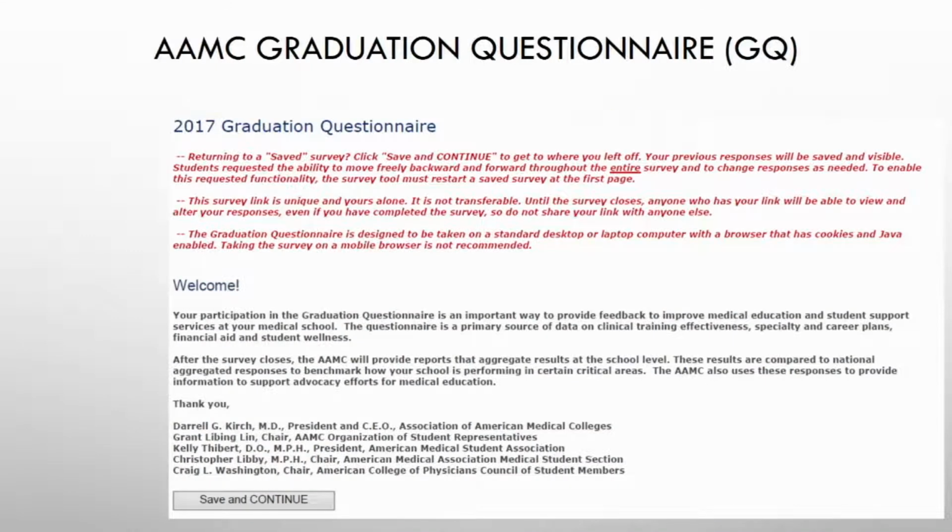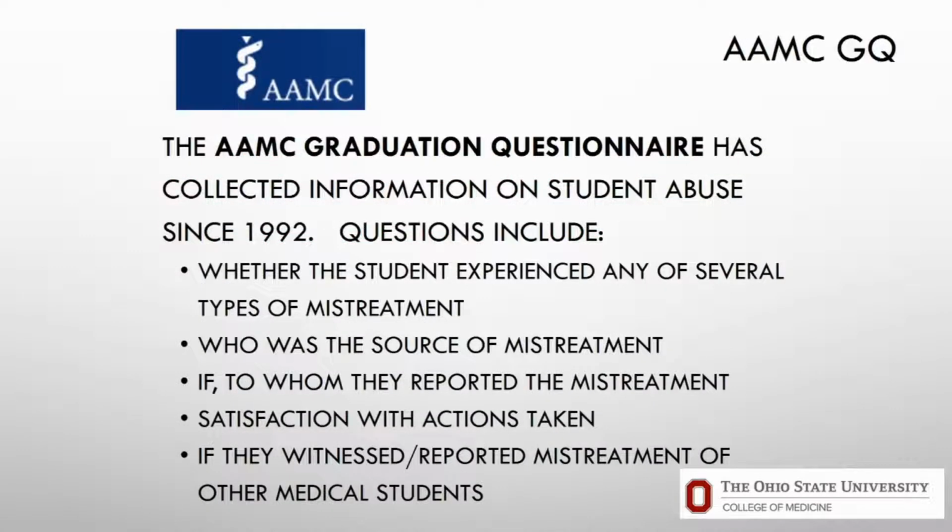The other way that the learning environment of your medical school is assessed is through the AAMC graduation survey. There are a number of learning environment topics that are addressed in the survey.